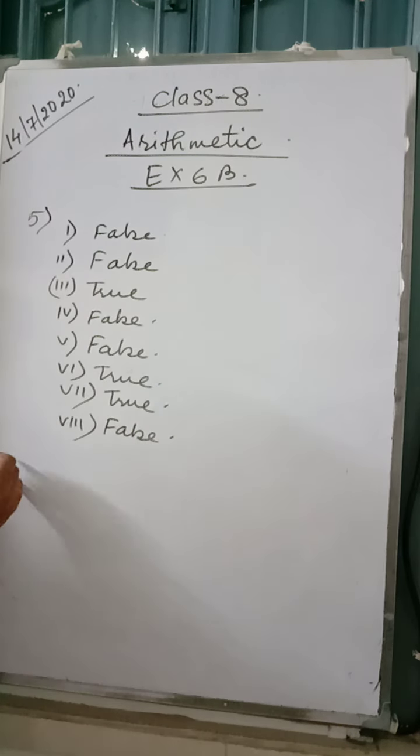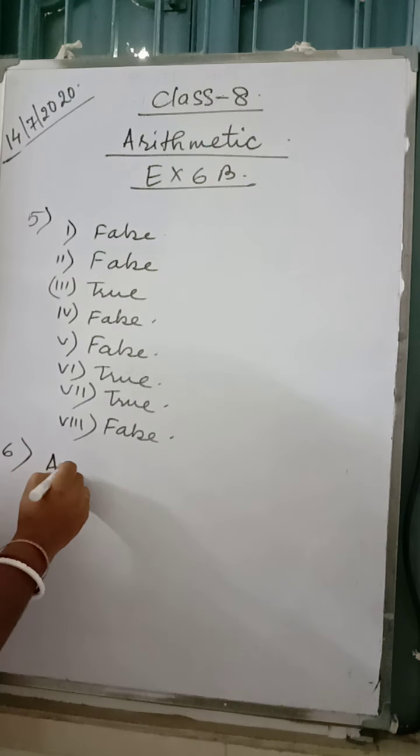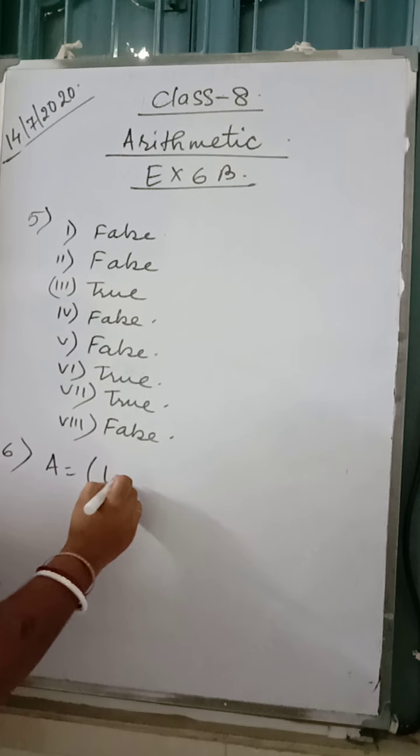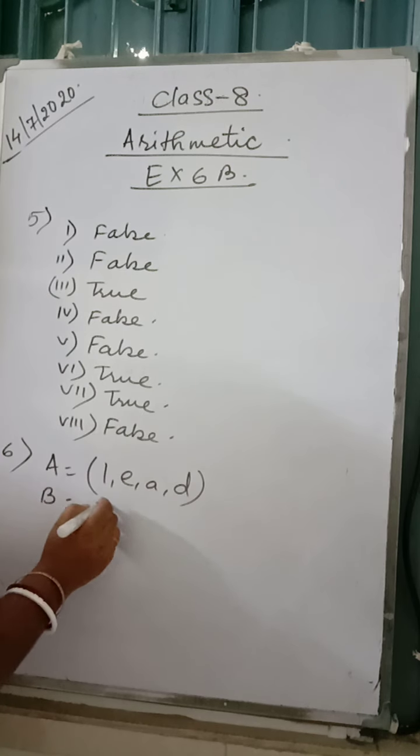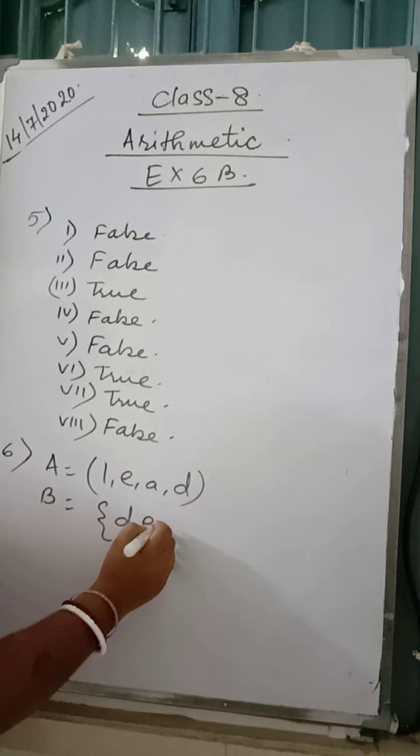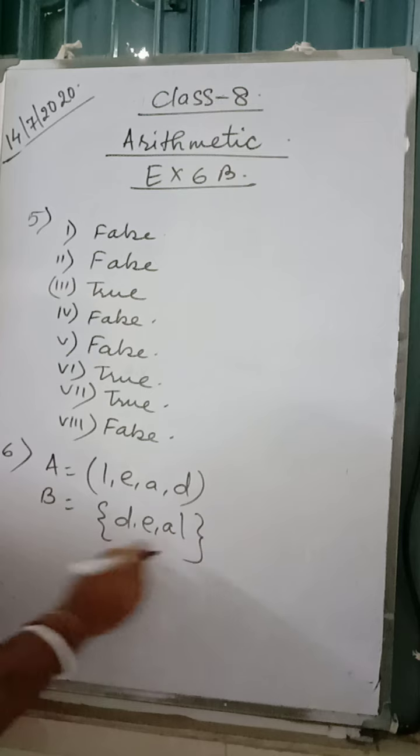Number 6, it says A is the set of letters of the word lead, L-E-A-D. B is the set of letters of the word deal, D-E-A-L.